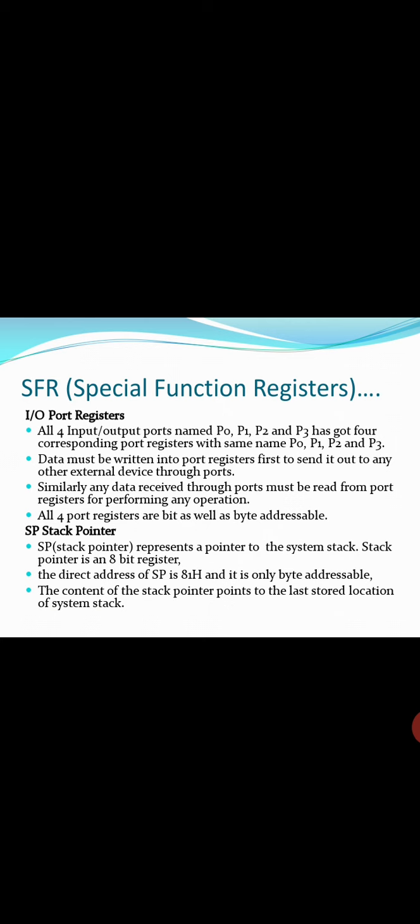Data must be written into the port register first to send it out to any other external device through the port. Similarly, any data received through the port must be read from the port register for performing any operation. All the 4 port registers are bit as well as byte addressable.